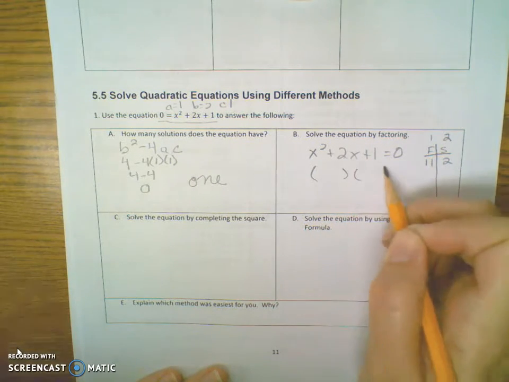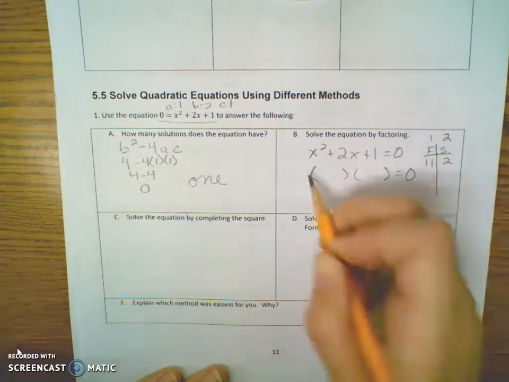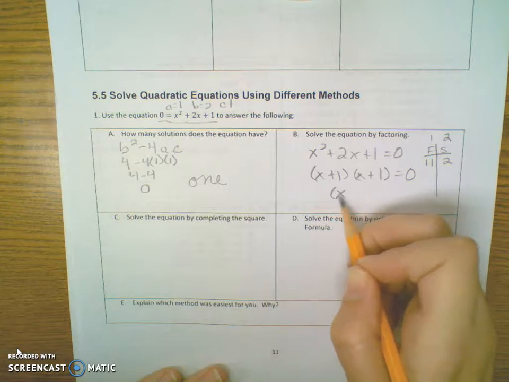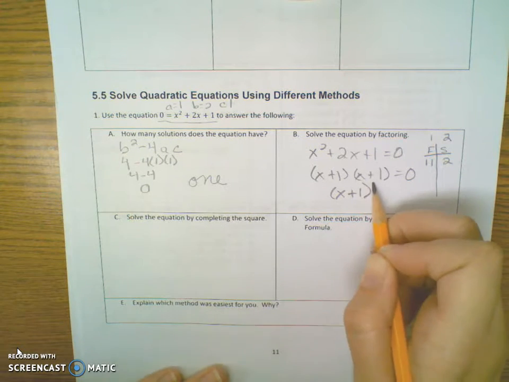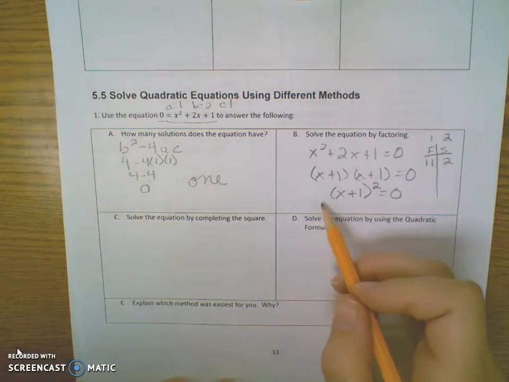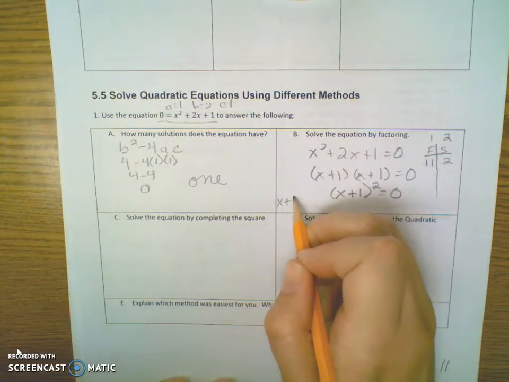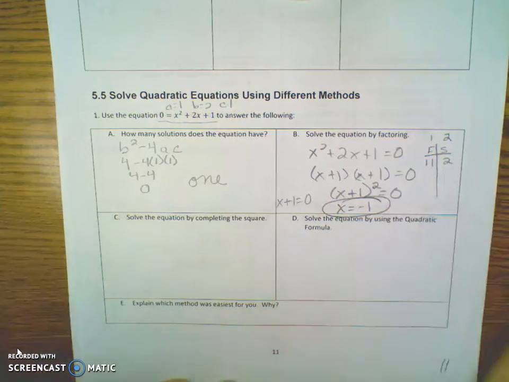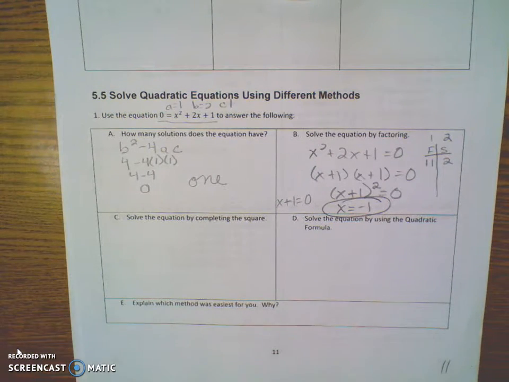So we're going to do x plus 1, and that's the same thing as x plus 1 squared equals 0. And then when we're solving it, we put x plus 1 equals 0, which means x equals -1 in that case.